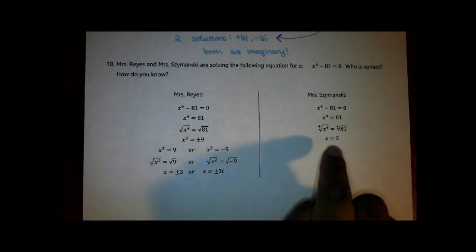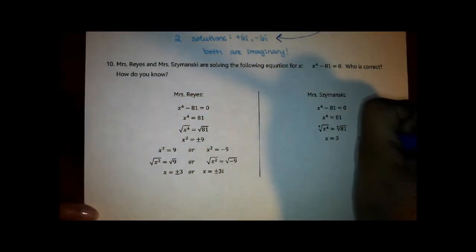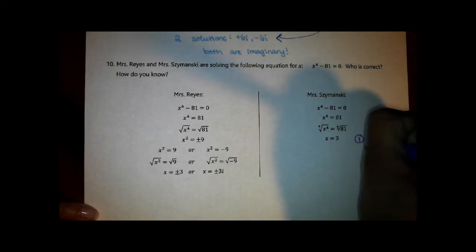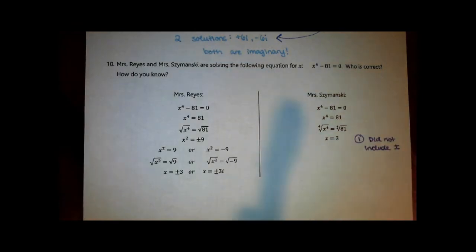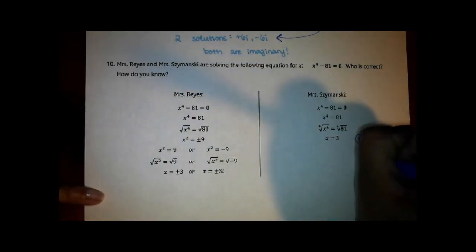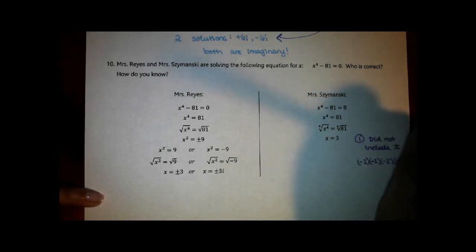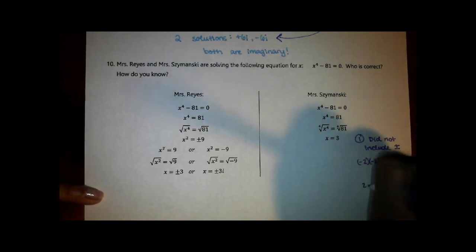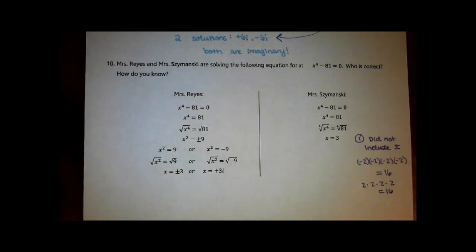And so what did Miss Szymanski miss? Well, first of all, she did not include the plus or minus when she did a root. And that's important because we know that -2 times -2 times -2 times -2 equals a positive 16, just as much as a positive 2 times a positive 2 times a positive 2 times a positive 2 equals 16. So either could be accurate.